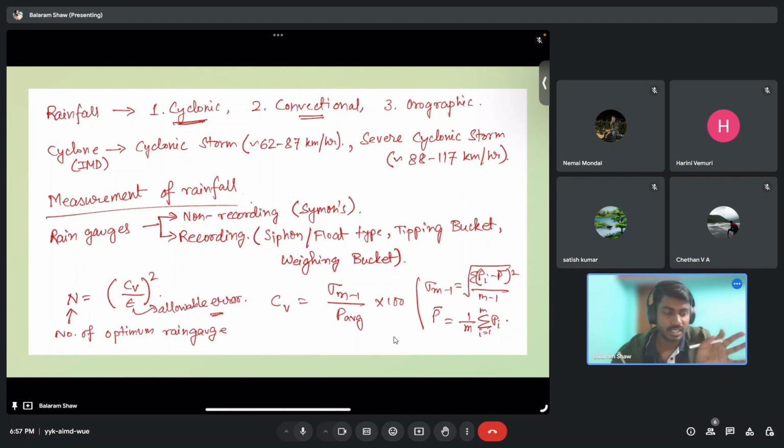So in this radar, what happens? Microwave frequency is transmitted into the atmosphere from the radar stations, and if the beam hits the solid or liquid particles present in the atmosphere, it will reflect back.